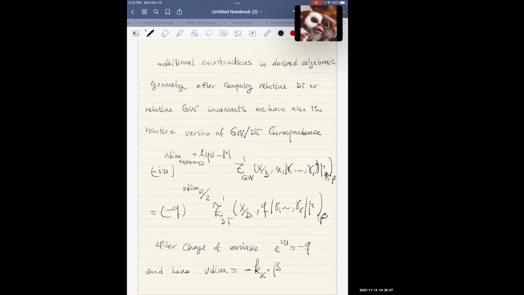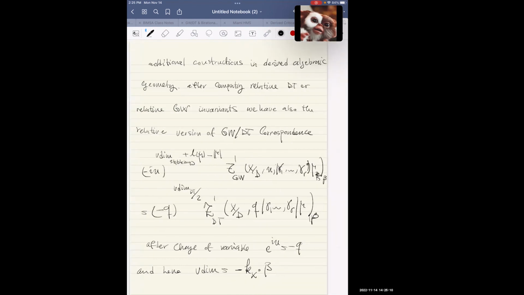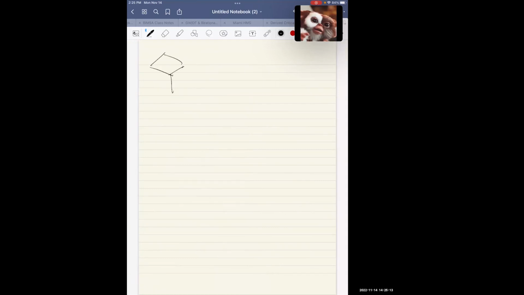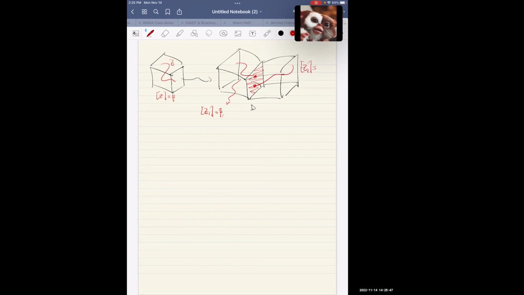Okay, so the picture is as follows. If I have X, and I have degenerated X into a normal crossing along a divisor, like that, roughly speaking, I don't need to, for now, accordion-expand it. You know that there is an expansion involved. This is D, and I have curves Z with curve class beta in here, and I have curves Z1 with curve class beta 1 here, and Z2 with curve class beta 2 in here.